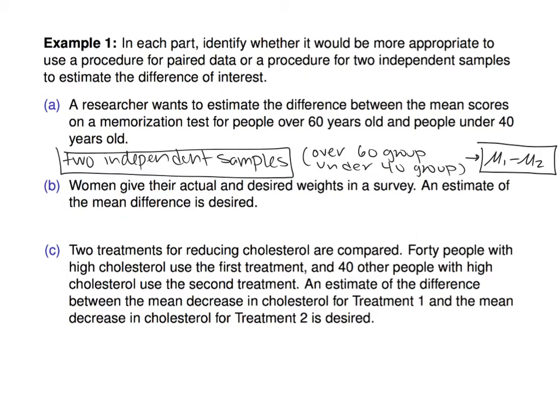Women give their actual and desired weights in a survey. An estimate of the mean difference is desired. Well, since each woman has two measurements, and we care about the difference of those two, this is paired data. And the statistical symbol for that is mu sub d.